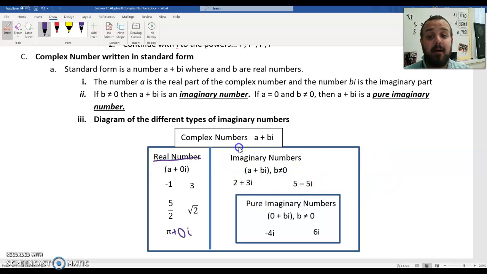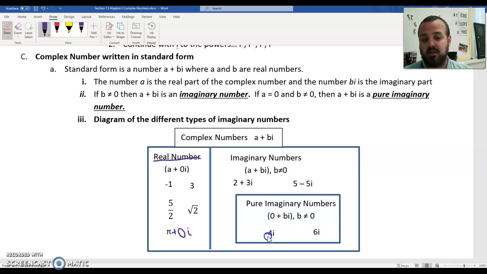Imaginary numbers, or complex numbers, are numbers that have something with that i. They have some sort of imaginary component to them. So for example, 2 plus 3i would be an imaginary number. 5 minus 5i would be an imaginary number. And then we even have pure imaginary numbers, which are a smaller subset. Those have no real component.